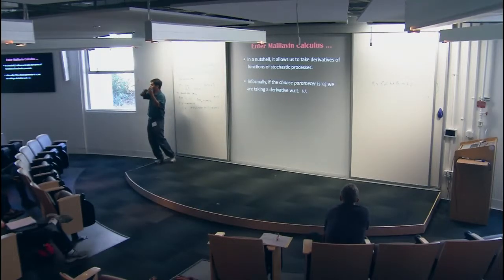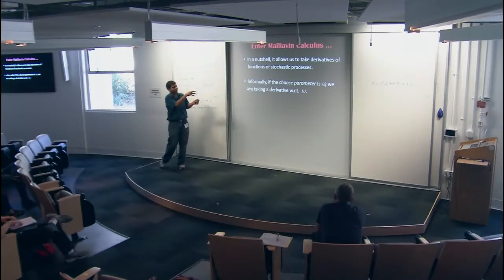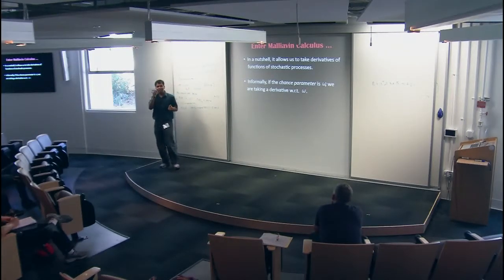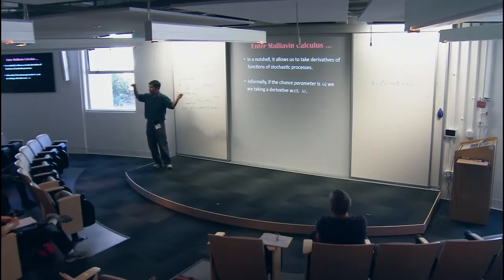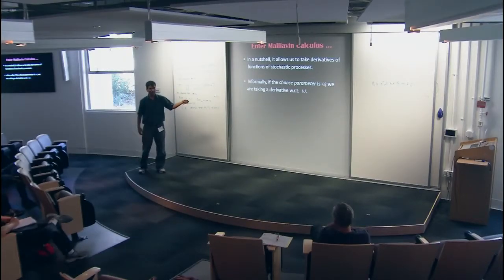If capital Omega is the sample space, you're basically taking derivatives with respect to elements of the sample space. We don't require all these interpretations. I'm going to define this syntactically in the next slide, and you're going to see it's very simple. All the complexity comes from infinite dimensional Gaussian processes. We are sticking to dimension n.